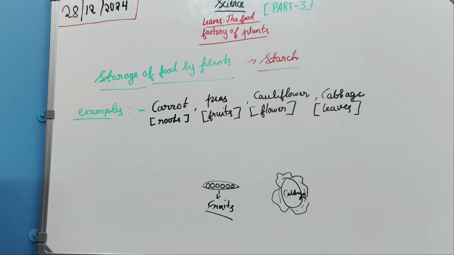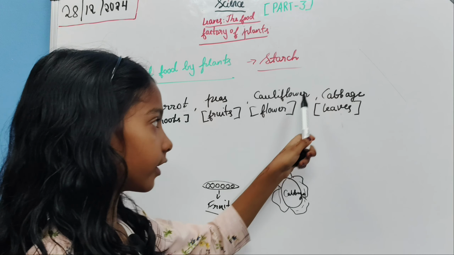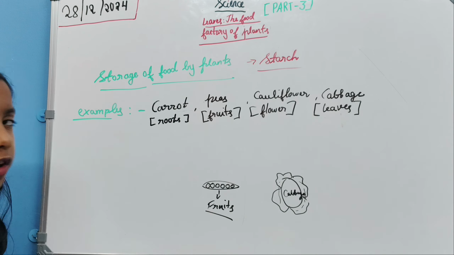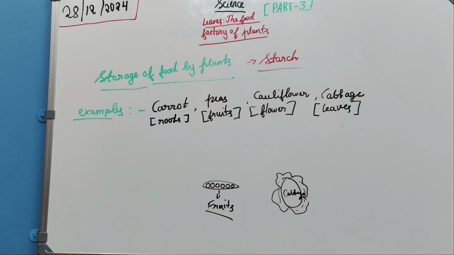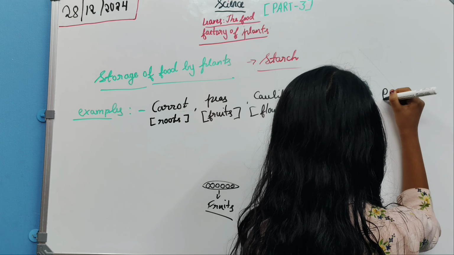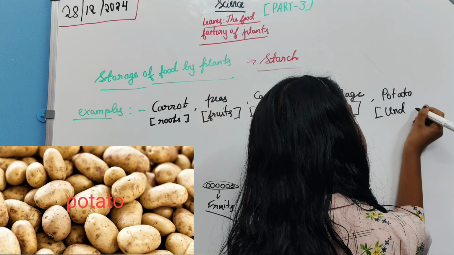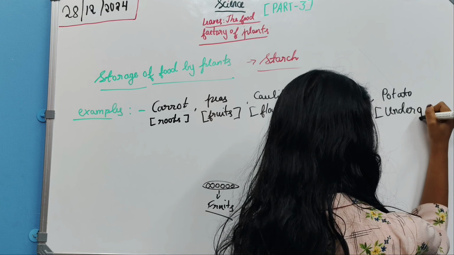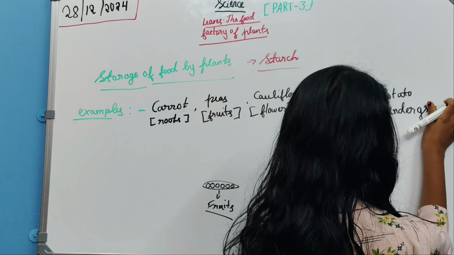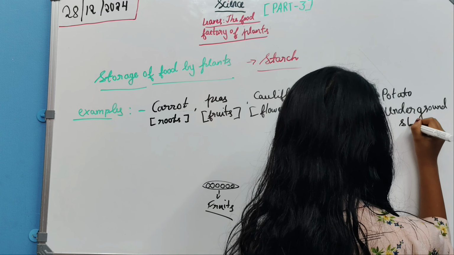Okay, so I told you about carrot, roots; peas, fruits; cauliflower, flower; cabbage, leaves. If you are thinking where does the potato store the food, it stores it in the underground stem.